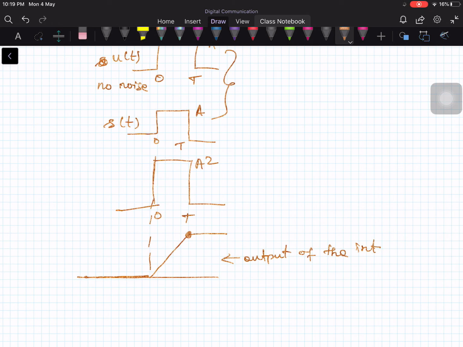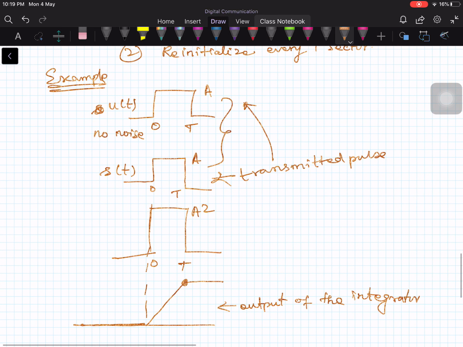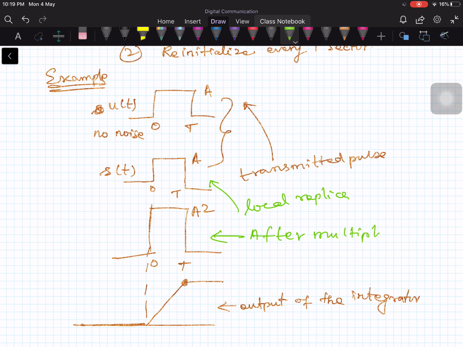So this is a transmitted pulse, this is a local replica, this is after multiplication, and this is after integration.